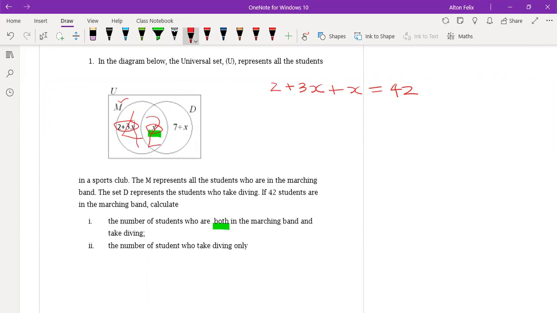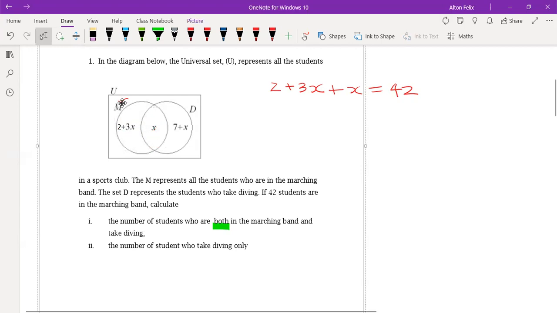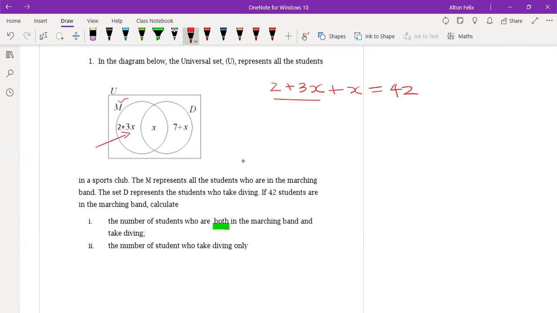So let's be clear on that. Let's make sure that we can see what the diagram has. Right, so you are seeing clearly that this first part of the circle represents your 2 plus 3x. There it is. And that's why we write it here.